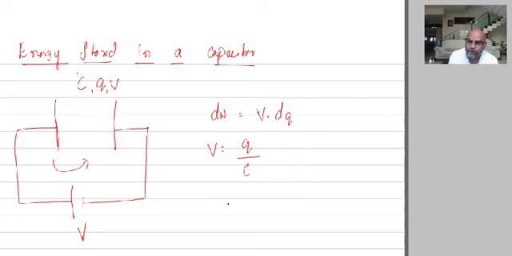So substitute for V: dW is equal to Q divided by C into dQ.